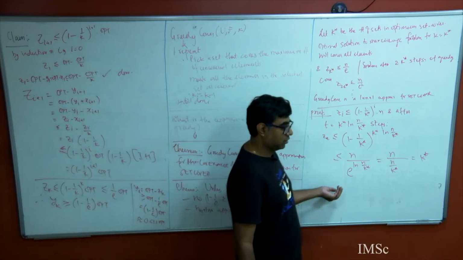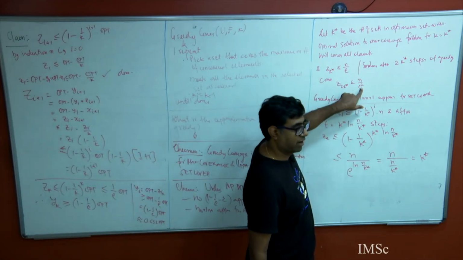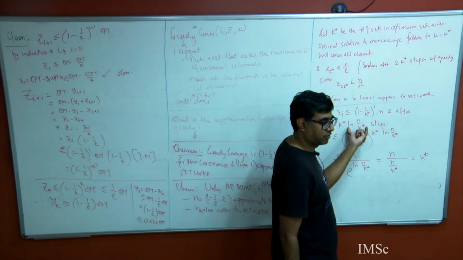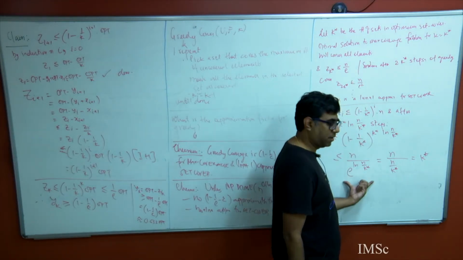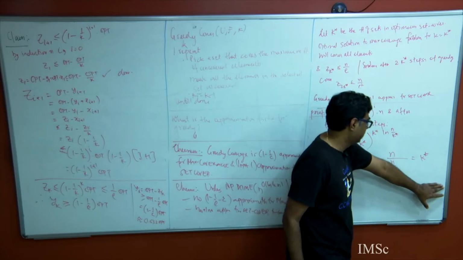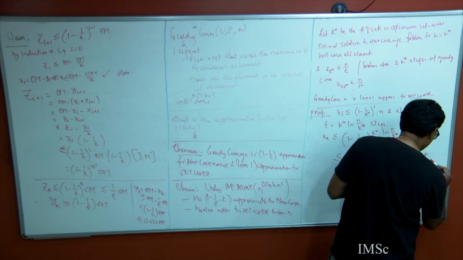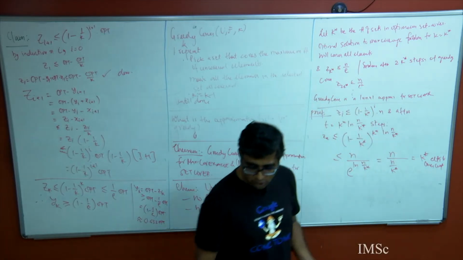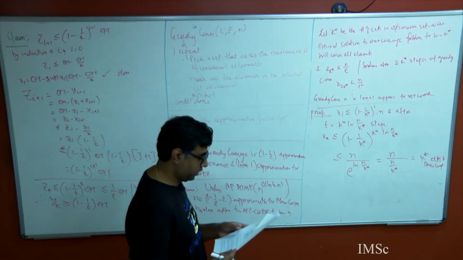Look, after 2 rounds you have n by e squared elements left. So after these many steps or rounds, I have n by k squared, so k squared elements to cover left. Okay. So how much will you take then?